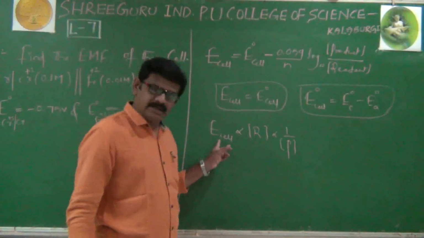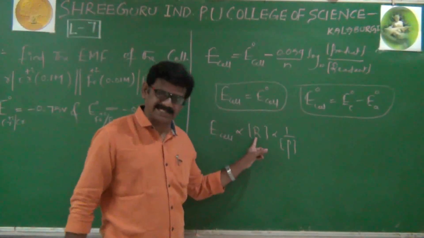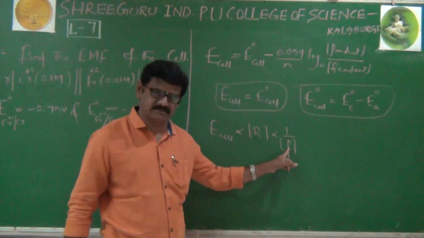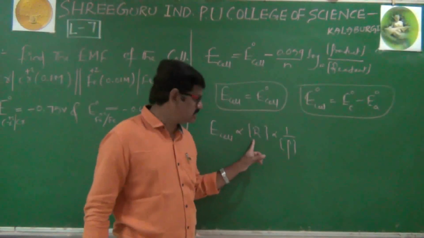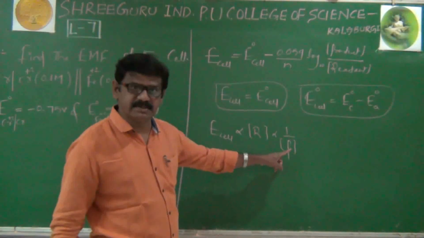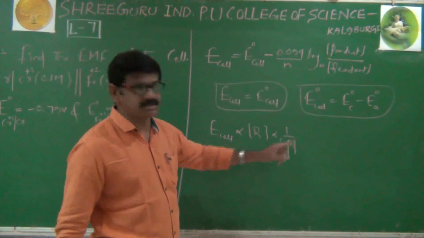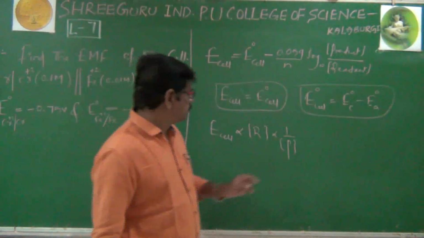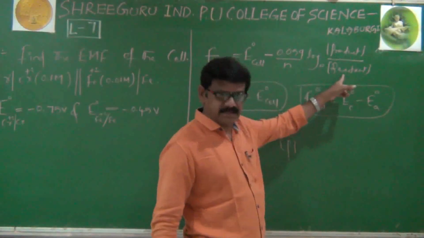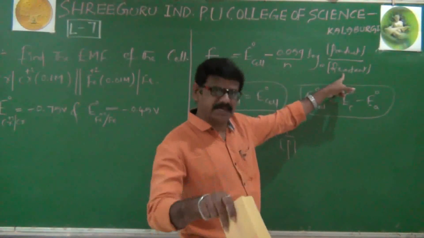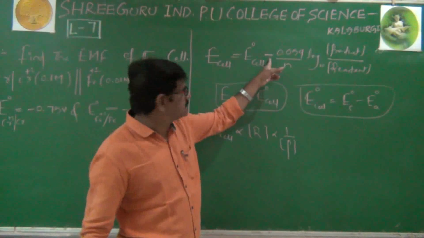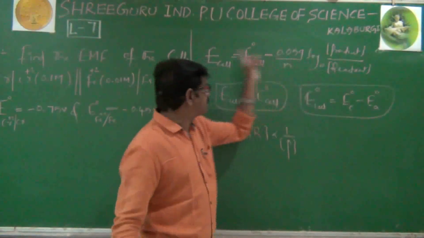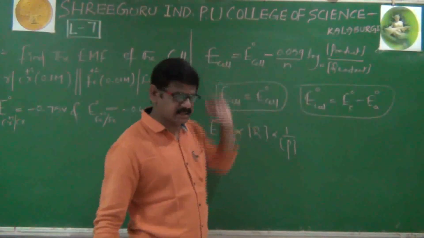Cell potential definitely depends on reactants concentration as well as product concentration, because product by reactant is in the denominator but with a negative sign before it.